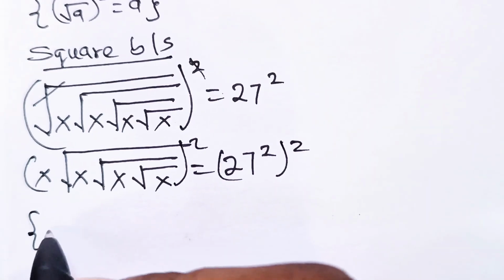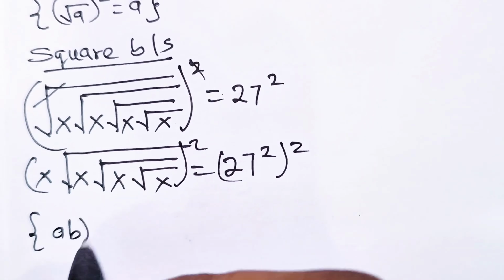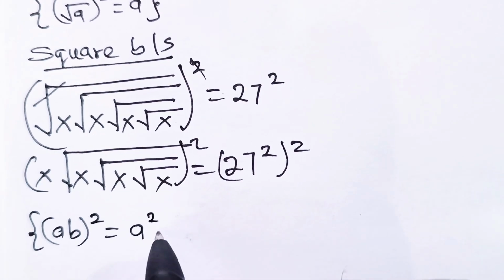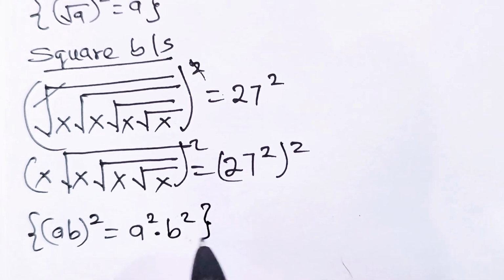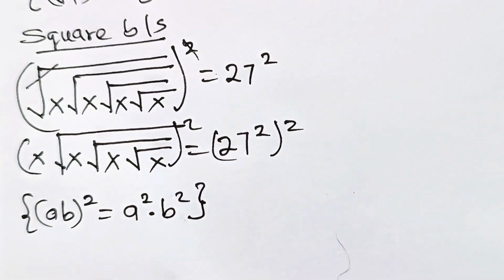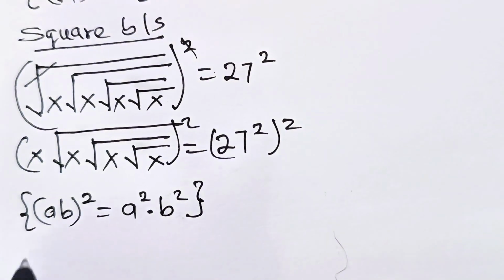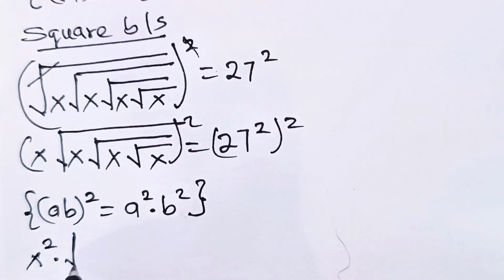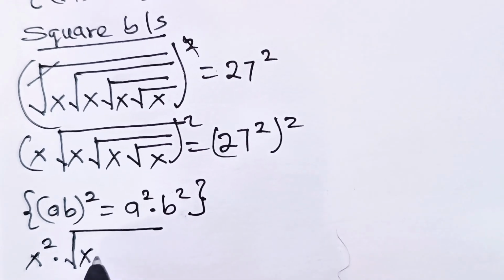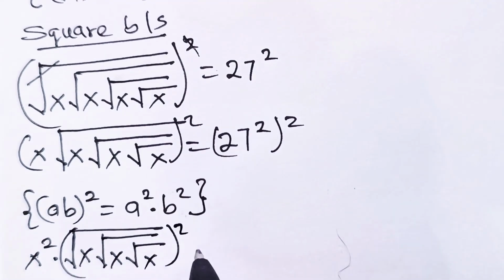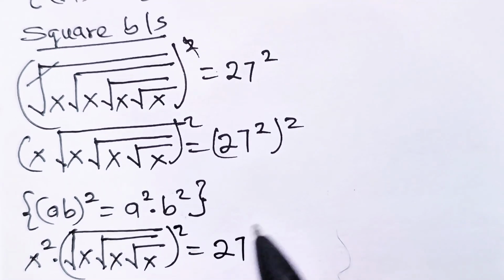Now remember that a multiplied by b all squared is equal to a squared multiplied by b squared. So that means this is the same thing as x squared multiplied by the square root of x squared, is equal to 27 squared squared.